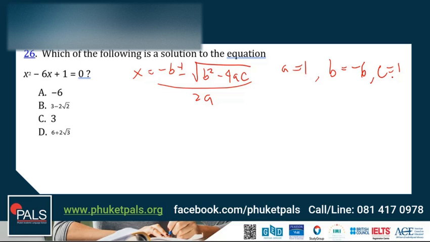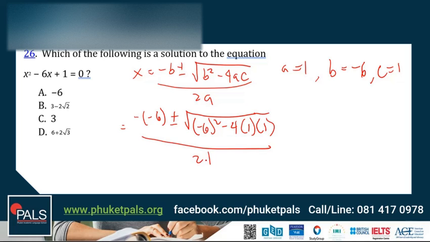And then substitute. We've got negative negative 6 plus or minus the square root of negative 6 squared minus 4 times 1 times 1, over 2 times 1. And then solve.